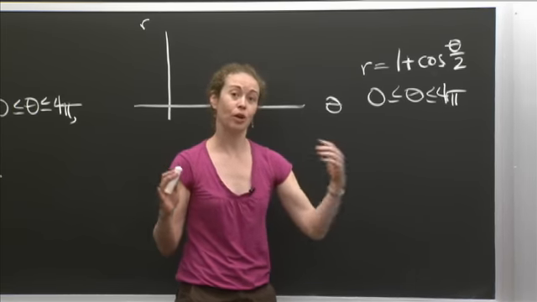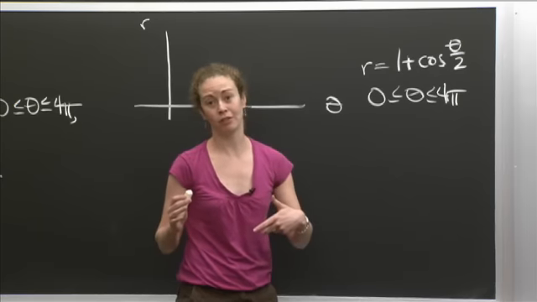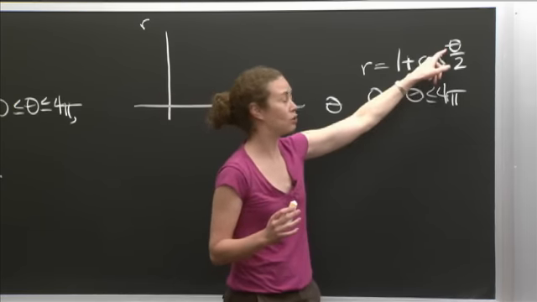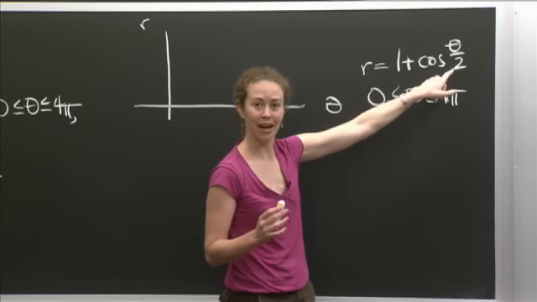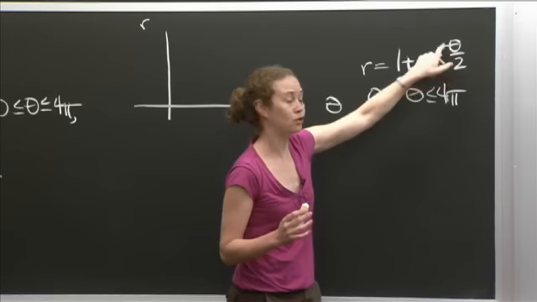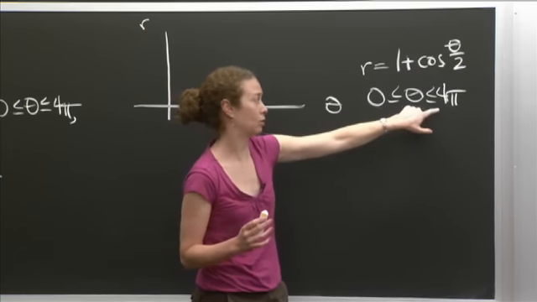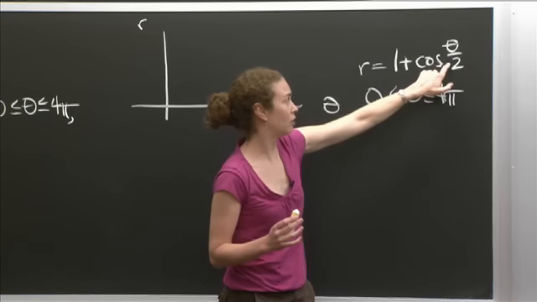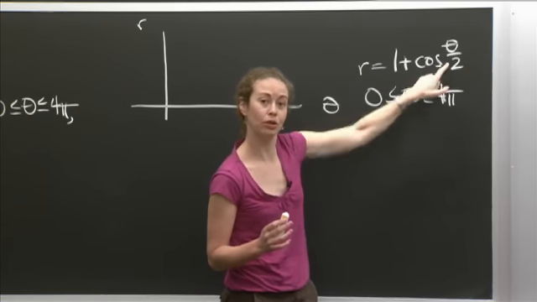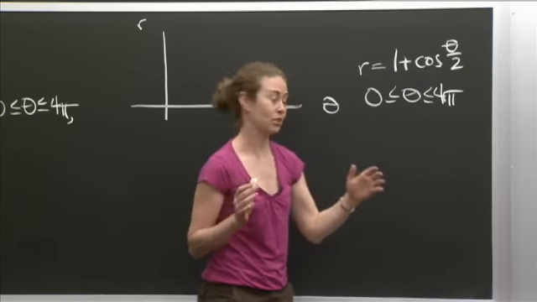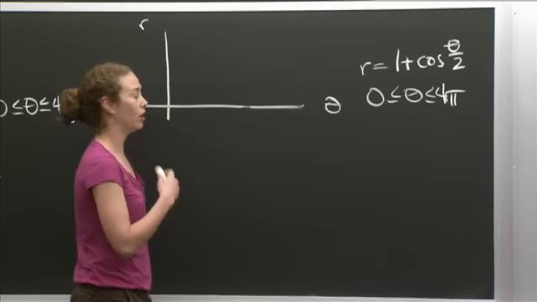The period of the cosine function usually is 2 pi, but notice what happens when I put in 2 pi for theta: I'm getting cosine of pi. If I want to get cosine of 2 pi, I have to let theta go to 4 pi, which is why I'm letting theta be between 0 and 4 pi. So dividing the input value by 2 doubles your period. The period is now 4 pi. So to get all the way through, I'm going to have to go up to 4 pi.